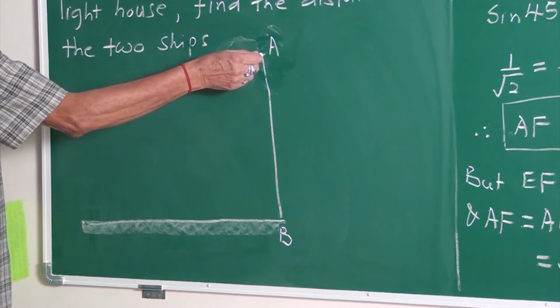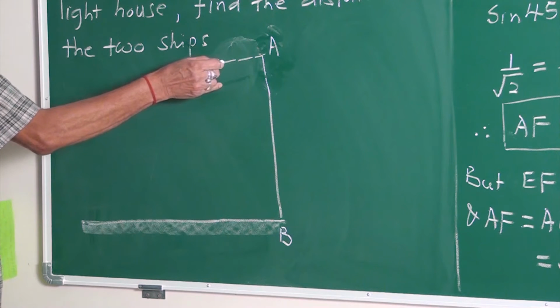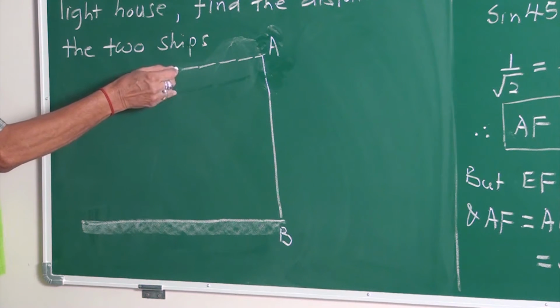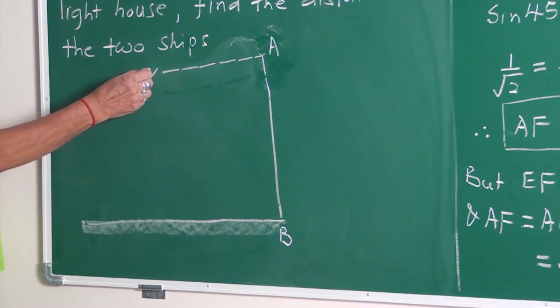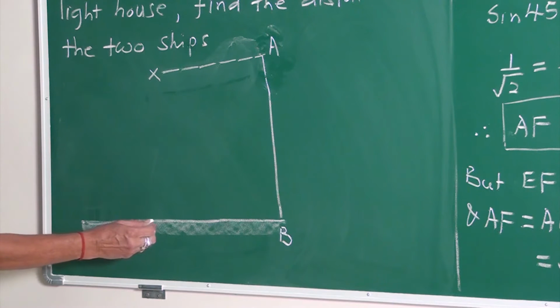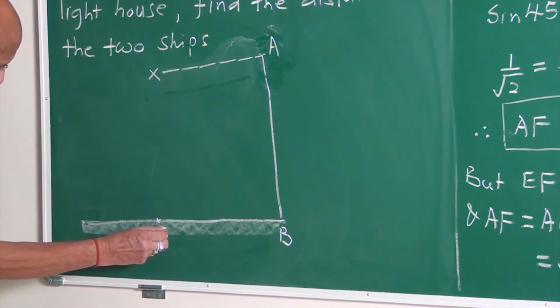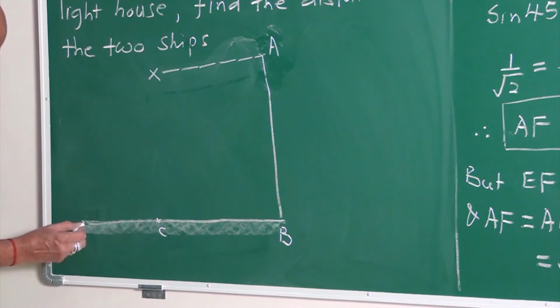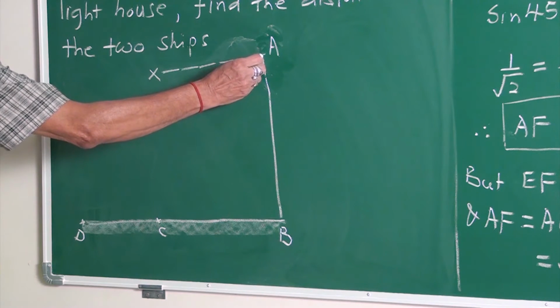AX is the horizontal line. Then there are two ships here, C and D. First ship C, second ship D. From here he is observing.